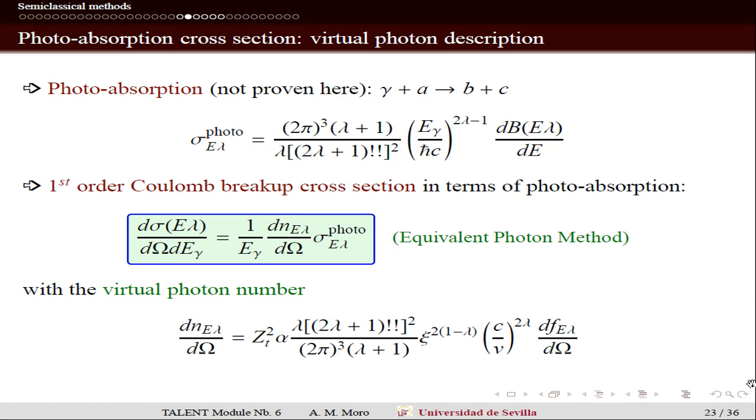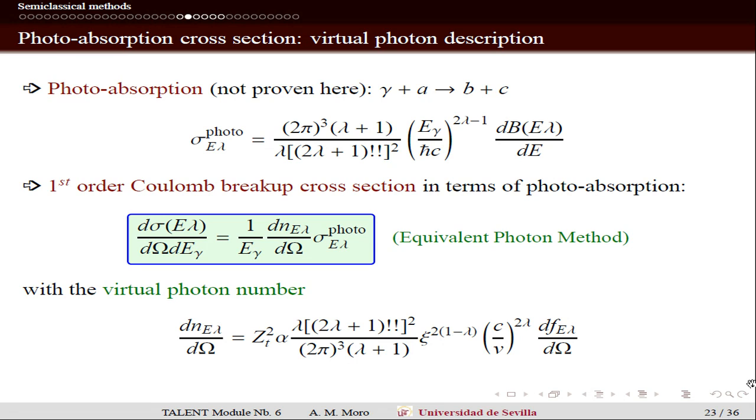For each photon that is exchanged between them, due to this Coulomb interaction, we have a photoabsorption probability of this kind. So this could be interpreted as an estimate of the number of photons that are actually exchanged by the projectile and target. So this is called the number of virtual photons.